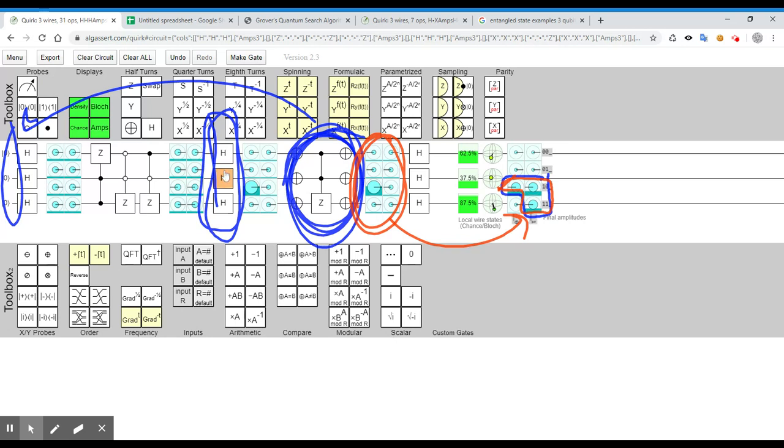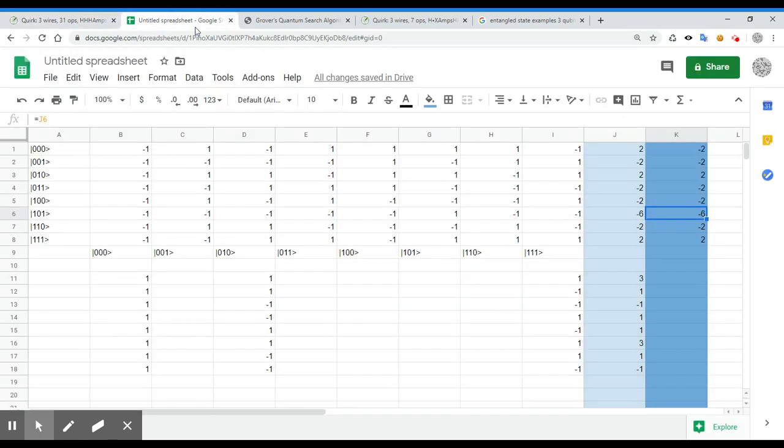The Hadamard is where most of the work is happening. Basically, because you know you're unbalancing your superposition towards the elements you flagged. That's basically what you're doing.